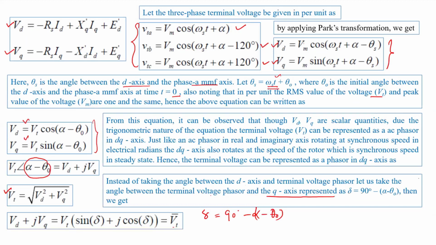This is the phasor of the terminal voltage Vt, represented in terms of the angle between the q axis and the terminal voltage itself, that is delta.